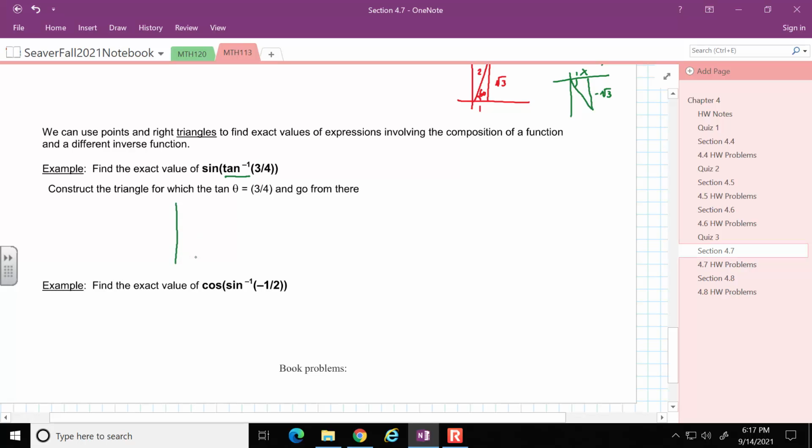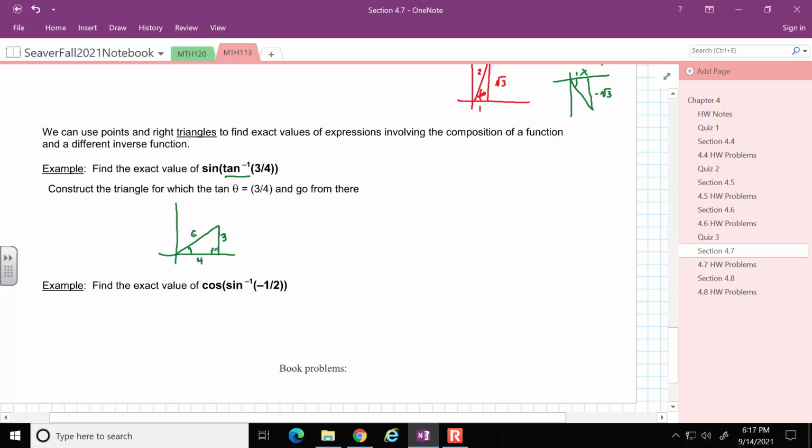So I'm going to come to my first quadrant, and I'm going to sketch this out. My opposite side has a length of 3, and my adjacent side has a length of 4. Okay? You're going to look at that and say, what's my angle? Doesn't really matter. I just want to know the sine of the angle, and I want an exact value, so we're going to use this triangle to figure that out. So using triangles, if my tangent is 3/4, this would be my hypotenuse.